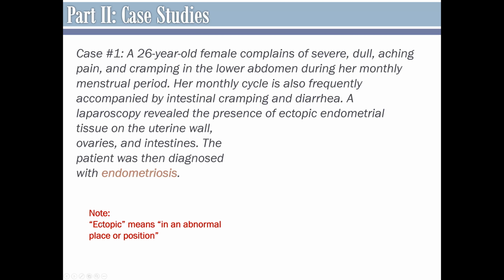So note that when you see the word ectopic, it means in an abnormal place or position. Most people are used to seeing this in reference to pregnancy. Like an ectopic pregnancy is a pregnancy that occurs other than inside the uterus, like if the pregnancy occurs in the uterine tube, for example. So ectopic endometrial tissue means endometrial tissue that is not inside the uterus in the endometrium where it is supposed to be.